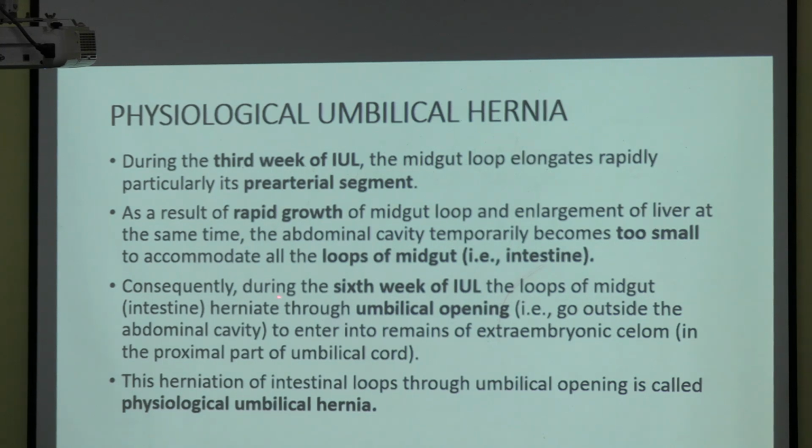Consequently, during the 6th week of intrauterine life, the loops of the midgut herniate through the umbilical opening. That is, they go outside the abdominal cavity to enter into the remnants of your extraembryonic coelom. This herniation of intestinal loop through the umbilical opening is called physiological umbilical hernia. Is it clear? Any doubt in the herniation? No doubts? Okay, then we will move on to the rotation part.